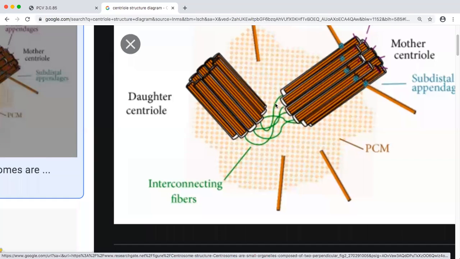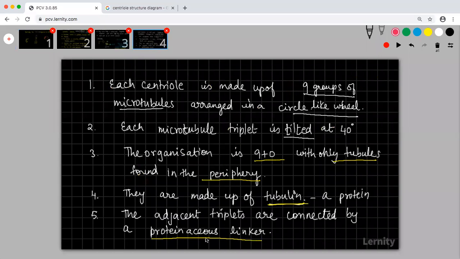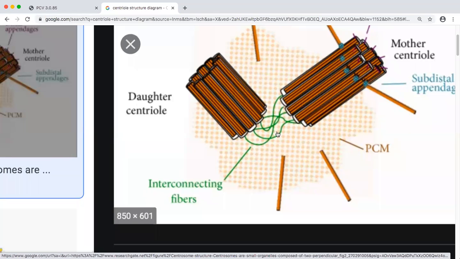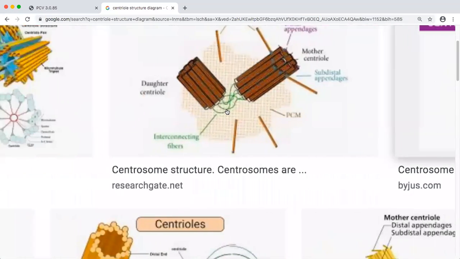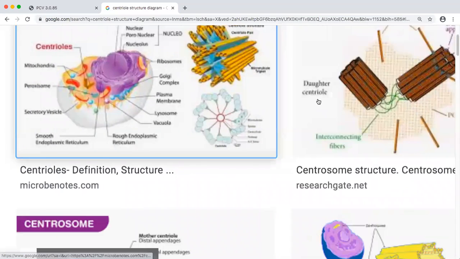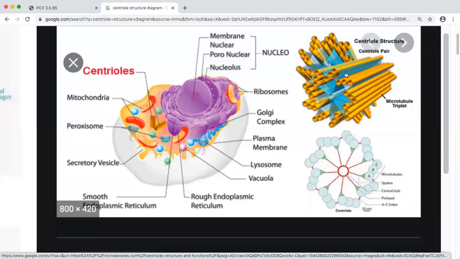There is this proteinaceous linker. All these proteinaceous linkers are joined together, which we call the hub, HUB. In this diagram, I think you are able to see it. The blue color thing is the interconnecting proteinaceous layer, which is all joined together in the center. The center is called the hub.